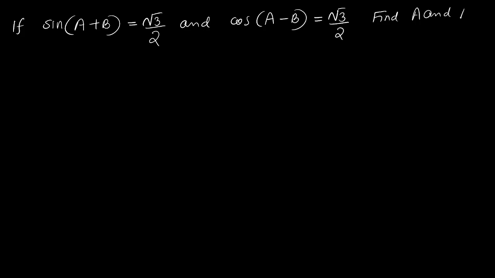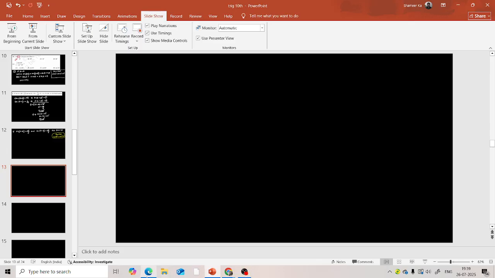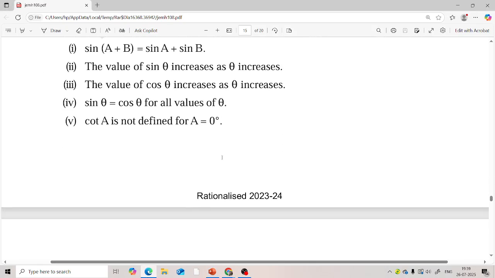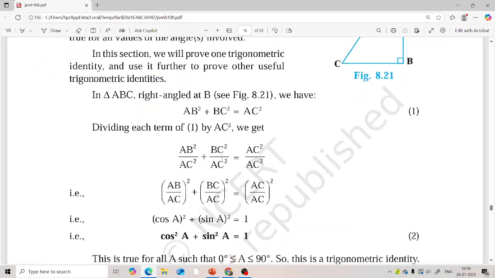Not hard. Find it. Take 2 minutes time and send me the solution through WhatsApp. Okay. Let me discuss the next. This is a true or false question, we can leave. Okay, let us leave it.